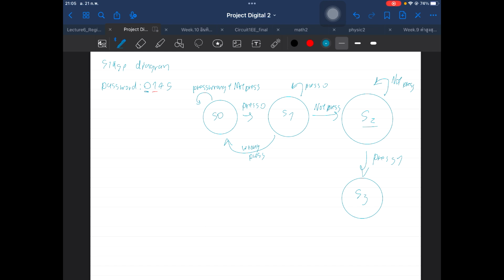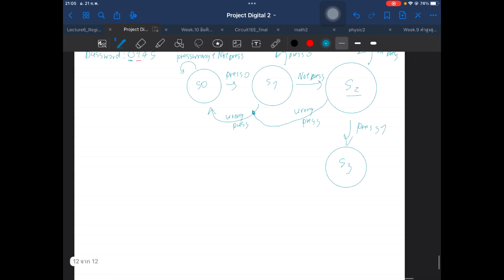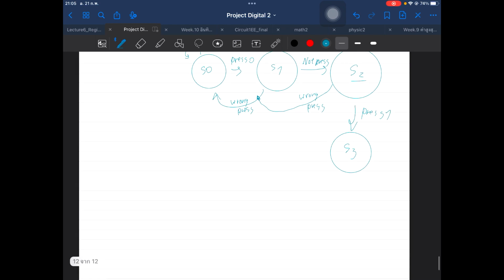But if you press the wrong number, it will go to state 0 immediately. And that's all of state 2. And then state 3.